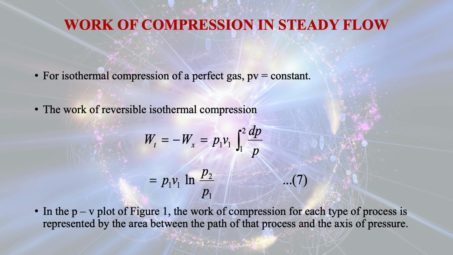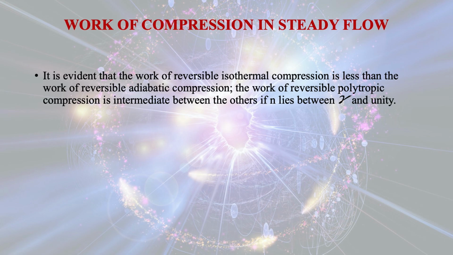In the PV plot of figure 1, the work of compression for each type of process is represented by the area between the path of that process and the axis of pressure. It is evident that the work of reversible isothermal compression is less than the work of reversible adiabatic compression.